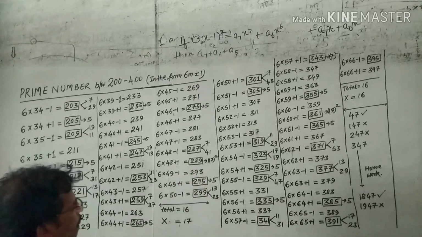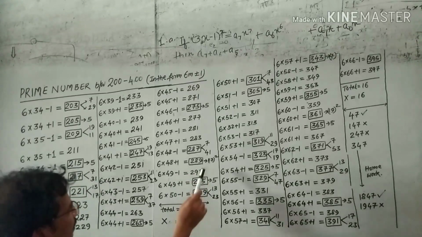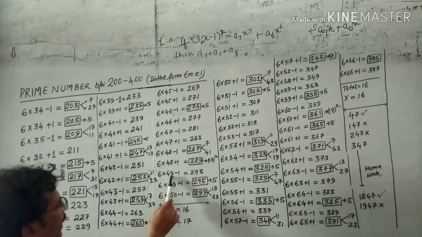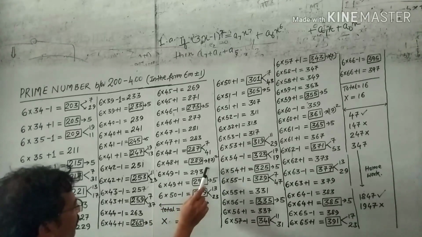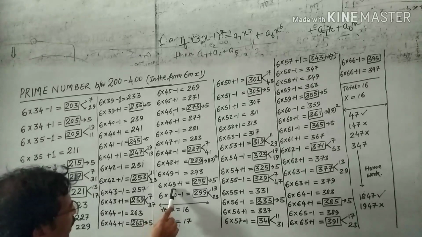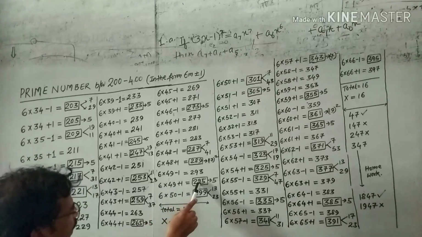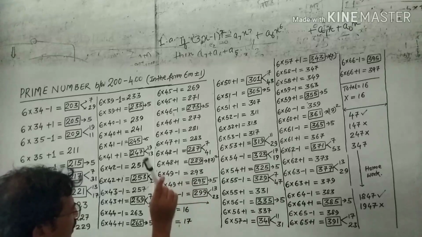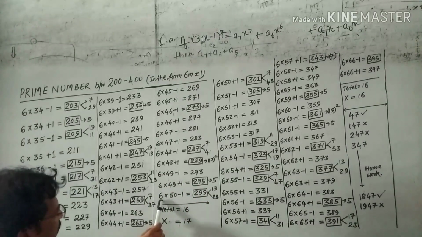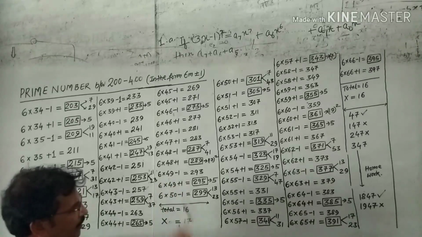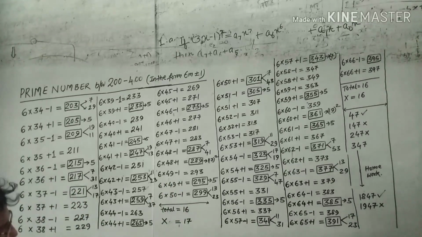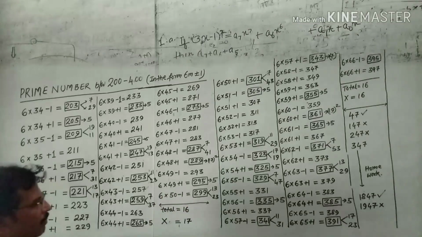So it is not a prime number. 6 into 49 minus 1, 293. It is a prime number. 6 into 49 plus 1, that is 295, having factor 5, so it is not a prime number. 6 into 50 minus 1, that is 299, having factors 13 and 23, so it is not a prime number.